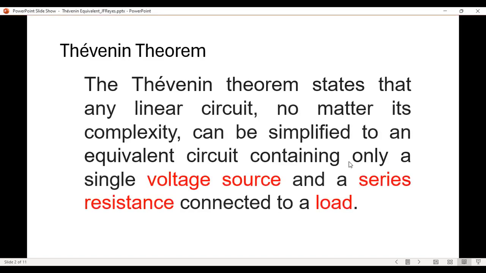The Thevenin theorem states that any linear circuit, no matter its complexity, can be simplified to an equivalent circuit containing only a single voltage source and a series resistance connected to a load.